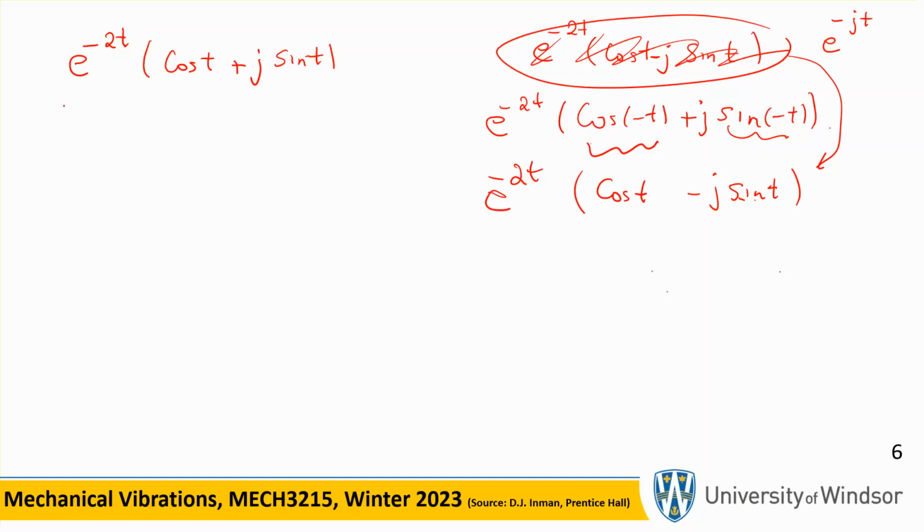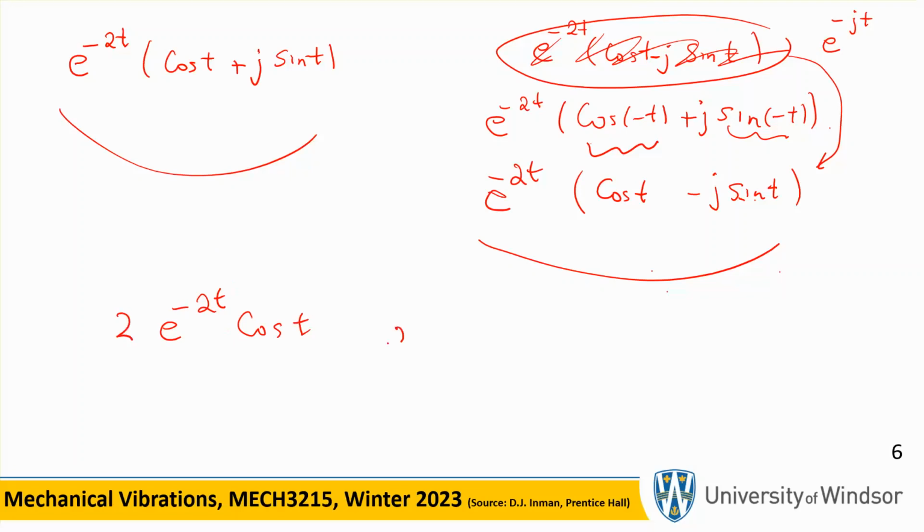Now, this and that are both solutions, okay? However, if we are interested in the real solution, we can add these up. So you're going to get e to the minus 2t, and notice that when you add these up, the sine term disappears, times cosine of t times 2.